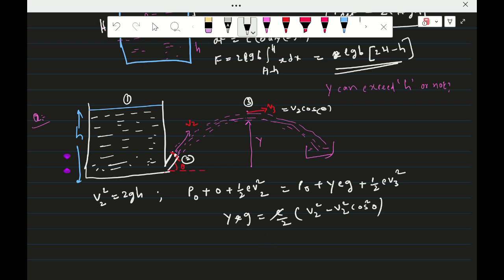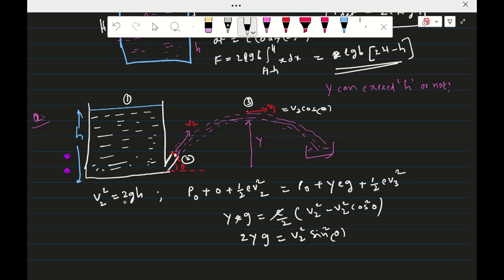So rho gets cancelled. 2yg is equal to V2 square sin square theta. Now if I substitute V2 square as 2gH here, how much do I get for y?